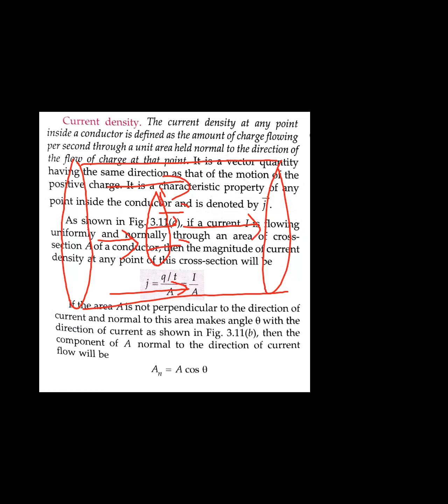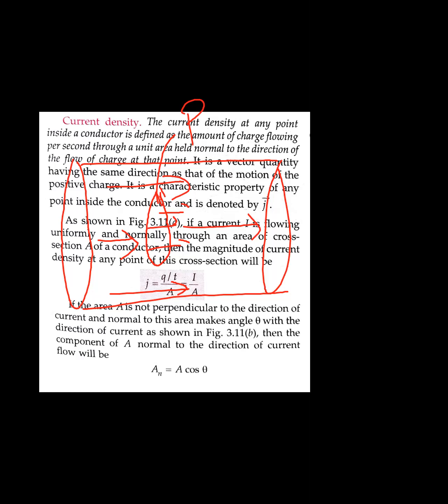Suppose I name the cross section as P. Through cross section P, the amount of charge flowing per second is called the current density.